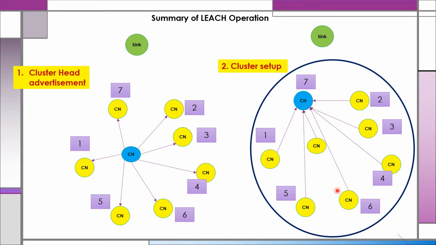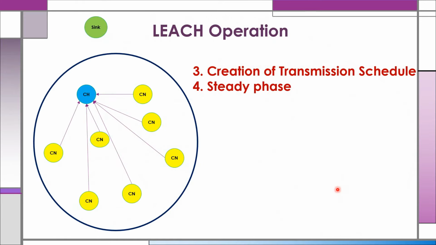Once acceptance messages are received from each and every node, the cluster head decides how many member nodes are available in this cluster. Based on that number, it will divide the total available time slot and allot a time slot to each and every node for data transmission.